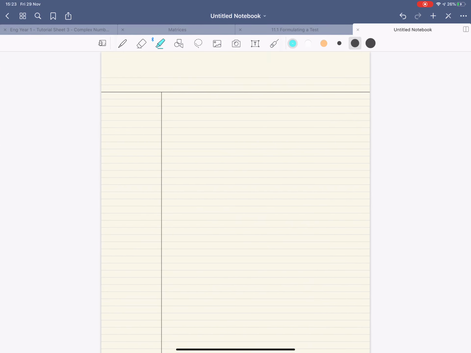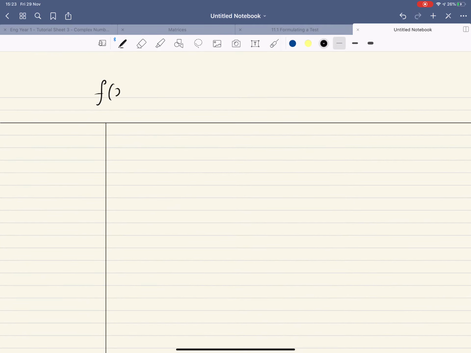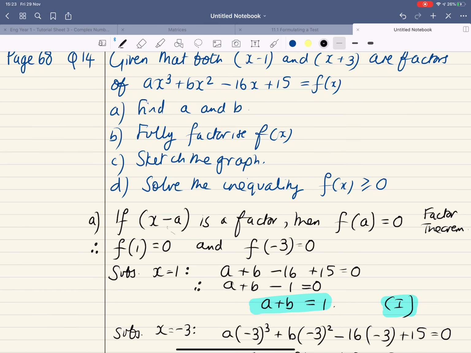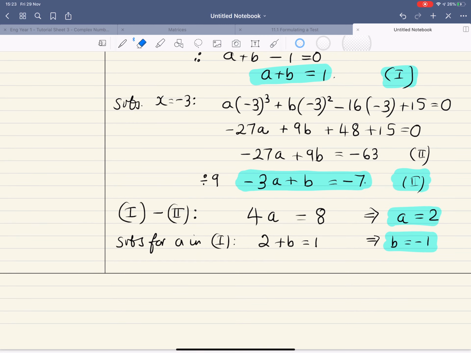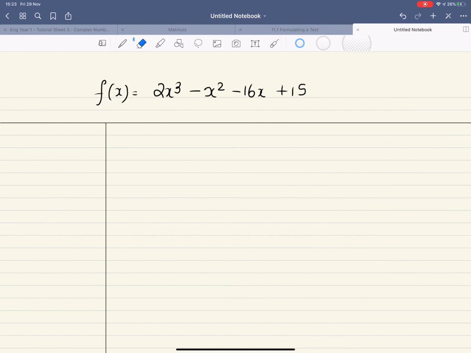So from the work we've done already, f of x, with a is 2 and b is minus 1, is 2x cubed minus x squared minus 16x plus 15. So I've put the a there and the b there.